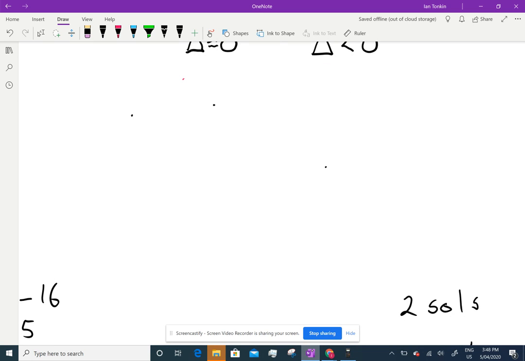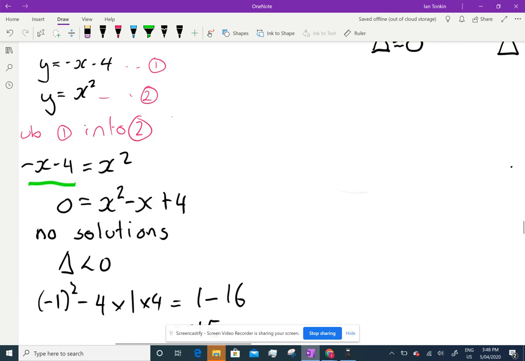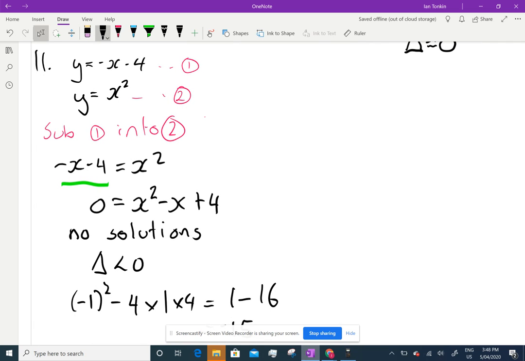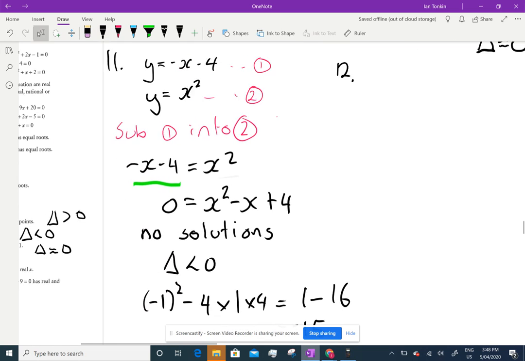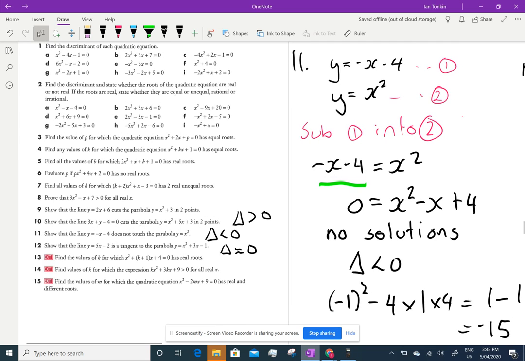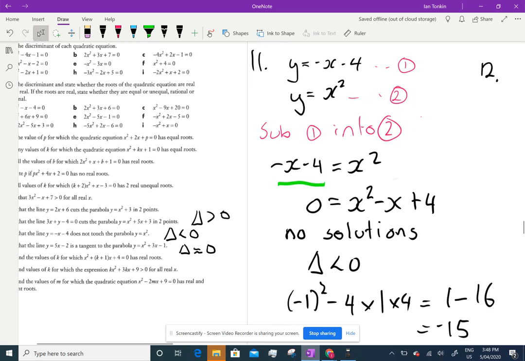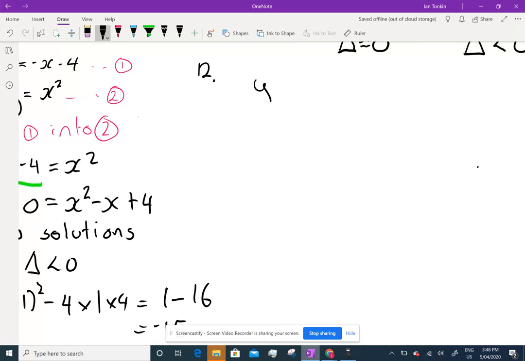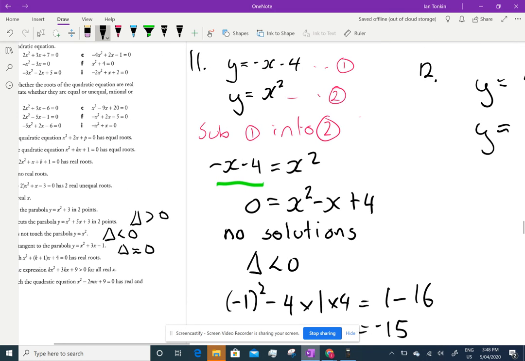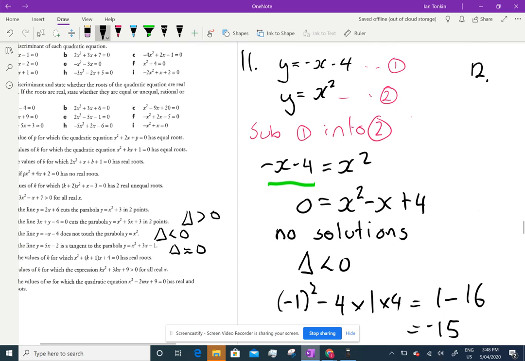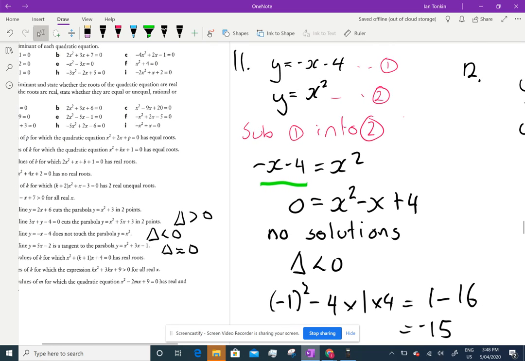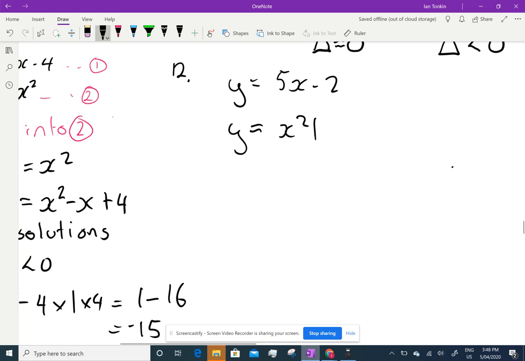So, question 12. What are my two equations? Show the line y equals 5x minus 2, and y equals x squared plus 3x minus 1.